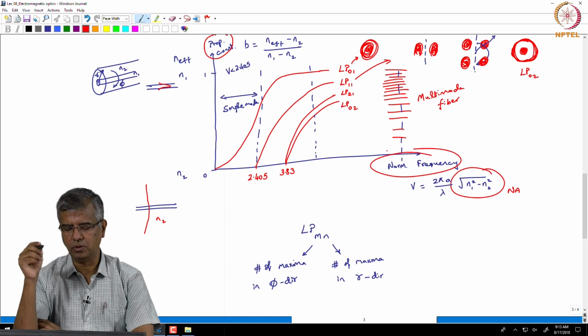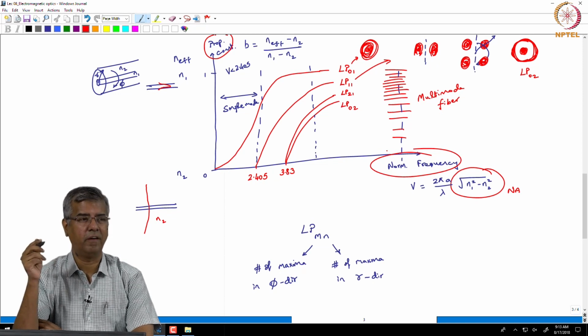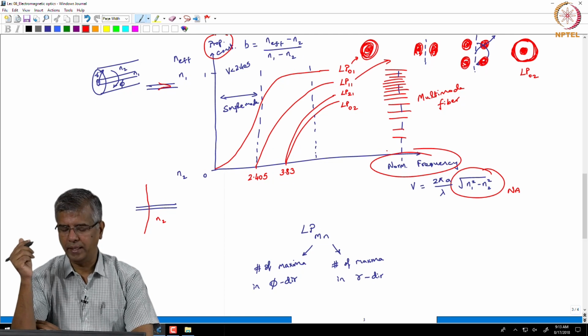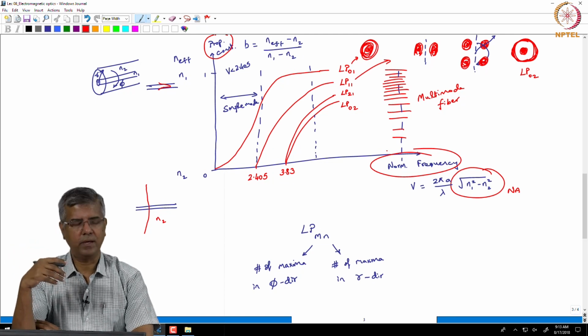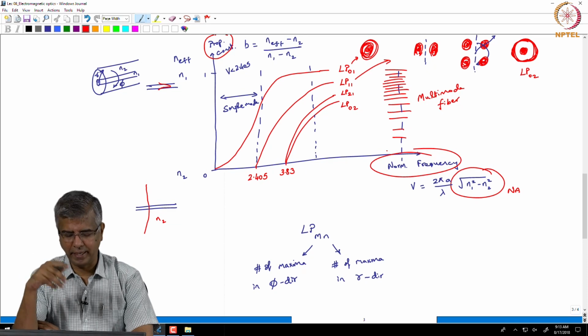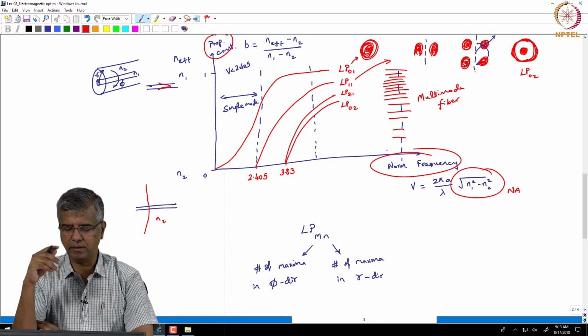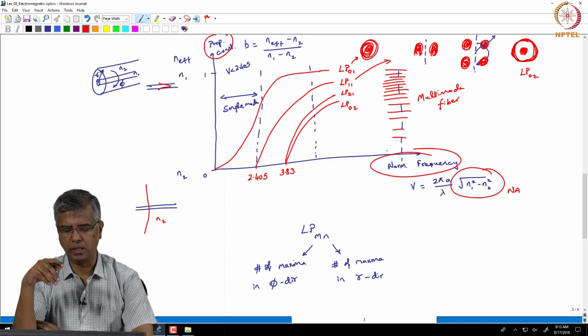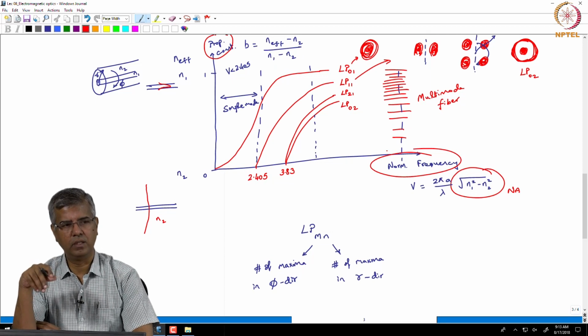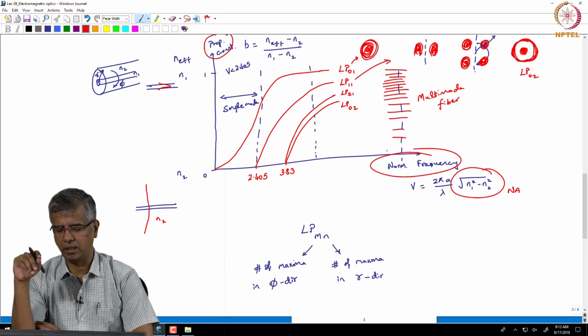Okay. So, we want to see, at any given wavelength, which modes are propagating. We cut out a lot of details in getting to this point, but nevertheless it helps us understand the properties of these modes in this waveguide.